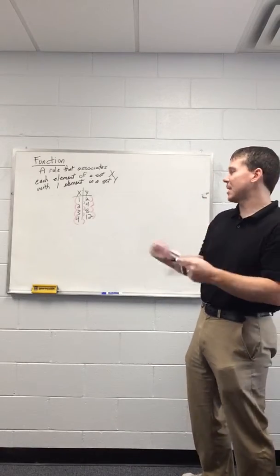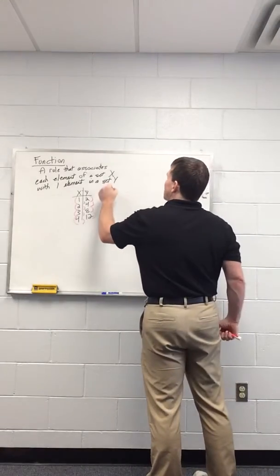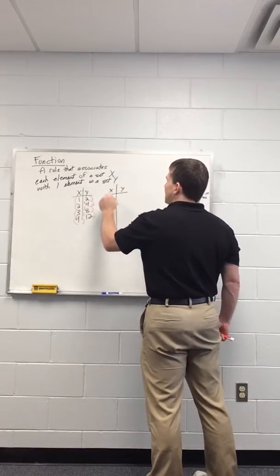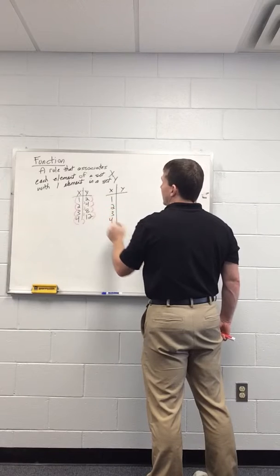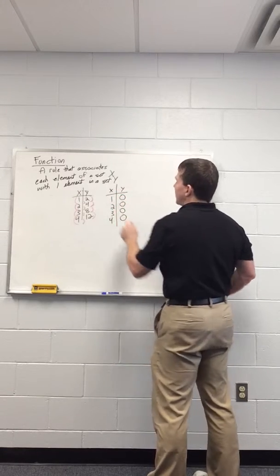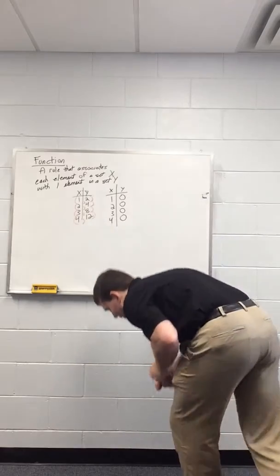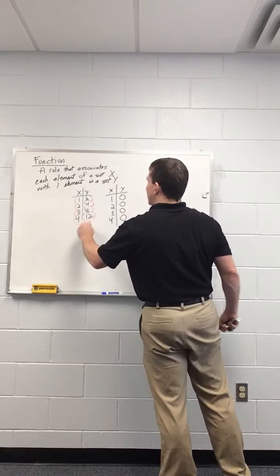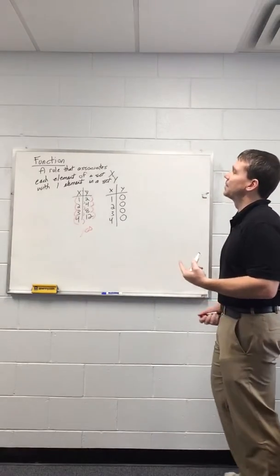But then, just to look at a couple more examples of this, suppose we do this. Suppose I let X be the same 1, 2, 3, 4, but now Y is going to be 0, 0, 0, 0. And again, the question, does that form a function? We said this one did. Is that a function?